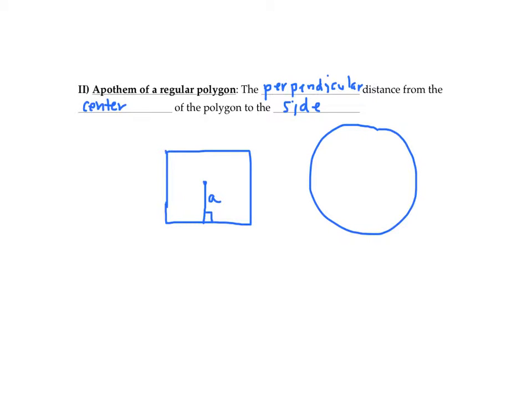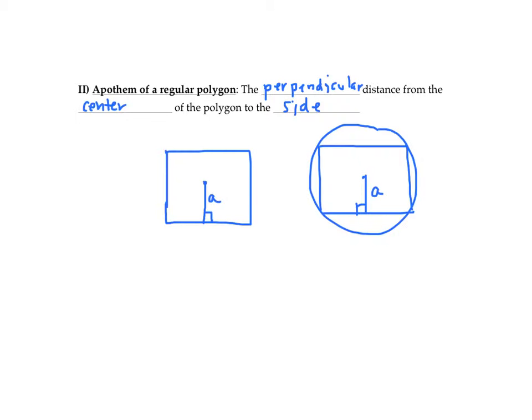Now, if we take and we inscribe or put a square inside the circle, the center of the circle would also be the center of that square. So put that dot where it looks like it's more like the center. So again, this distance from the center to the side would be labeled the apothem.